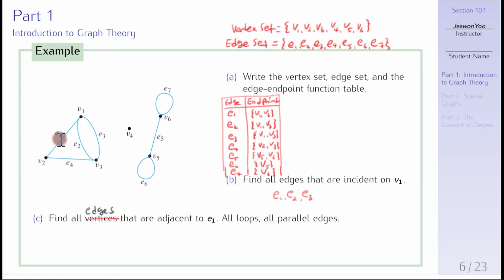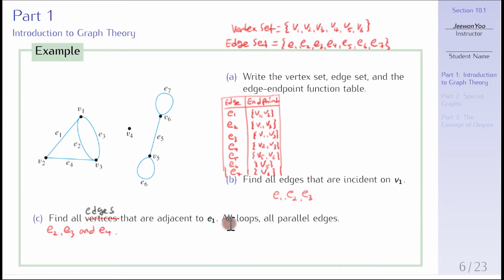So E1 is adjacent to E2, E3 because it's sharing the same vertex here. Because E1 is connected to V2 as well, the edge sharing V2 is E4. So altogether, the answer for the first part of part C is E2, E3, and E4.